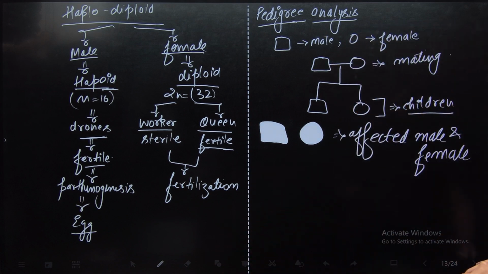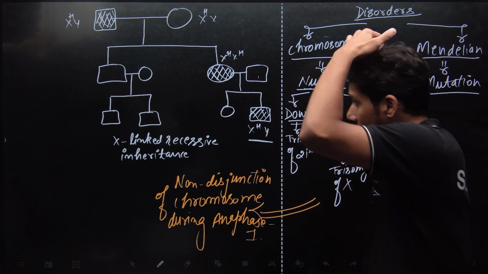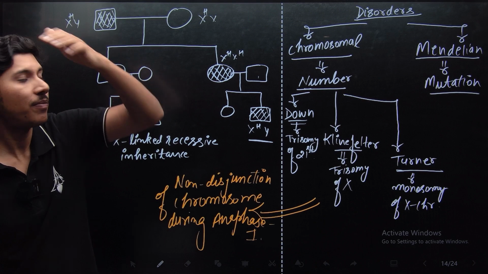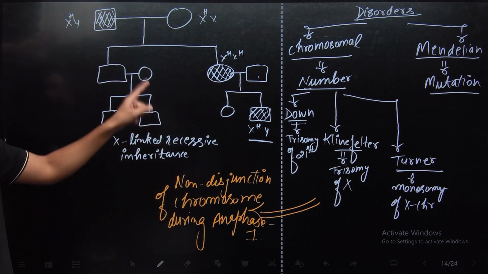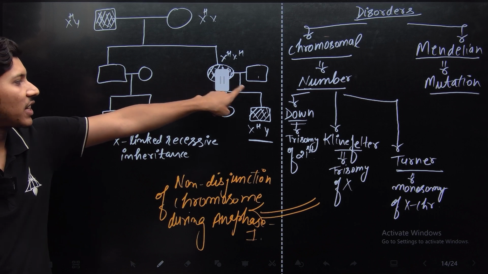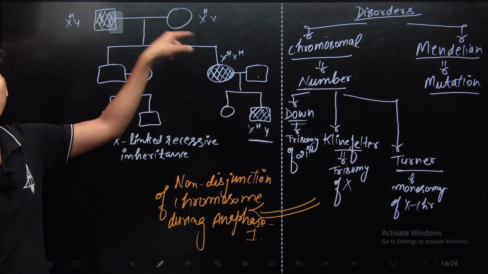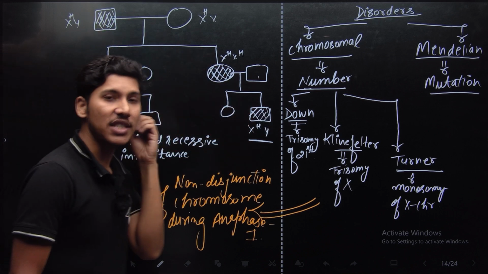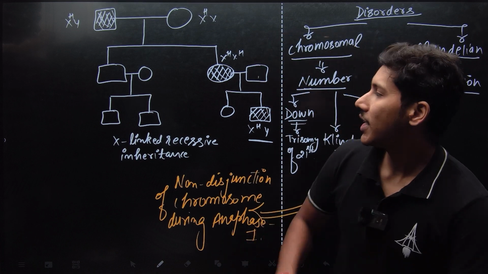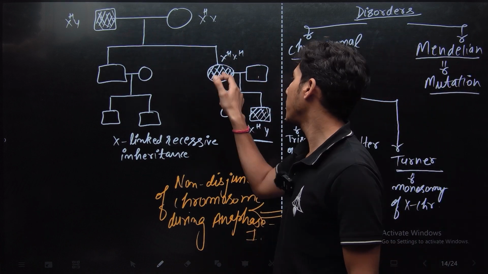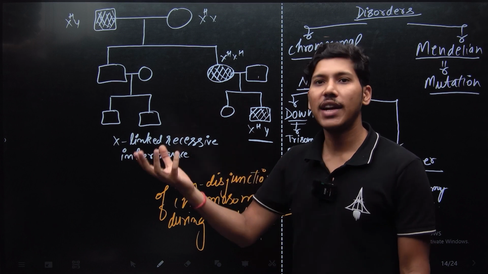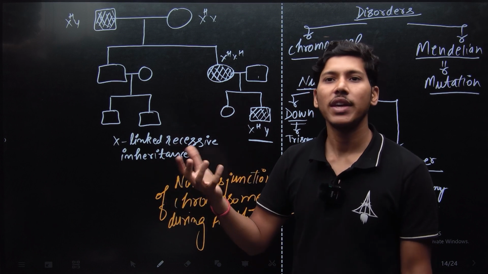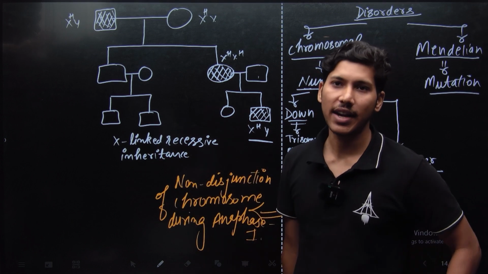Clear? And let me try to give you one example here. Like this. If this is a pedigree chart and this male is affected, this female is affected, this male is affected. This is a simple case of X-linked recessive inheritance because it is showing crisscross inheritance, male to female to male. Male to female to male pattern of inheritance is seen in case of X-linked recessive inheritance.